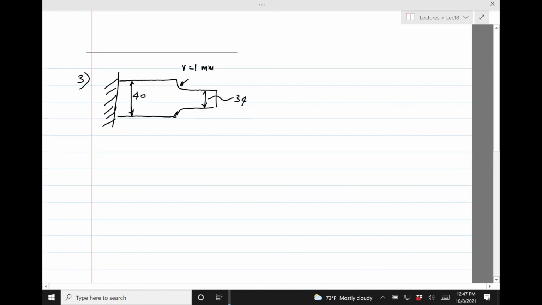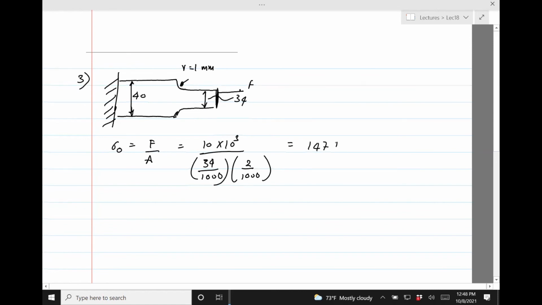And this is 34. So here, the nominal stress is force divided by cross-sectional area. The force is 10 times 10 raised to 3. And the cross-sectional area, since the force is acting here, is going to be this area. So 34 divided by 1,000 times the thickness, which is 2 divided by 1,000. That comes out to be 147 MPa.